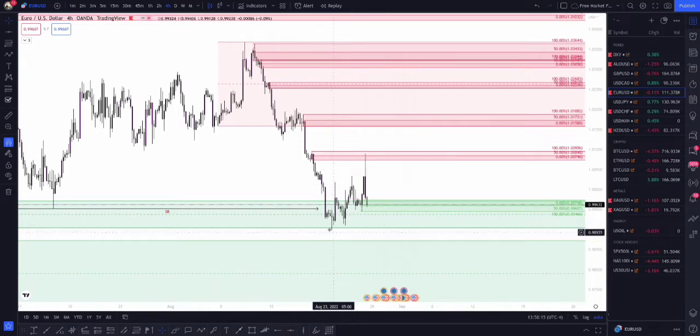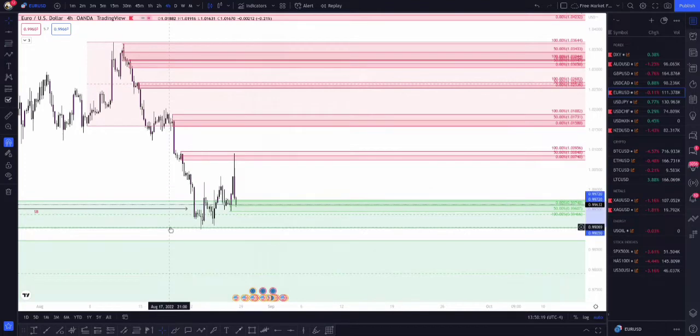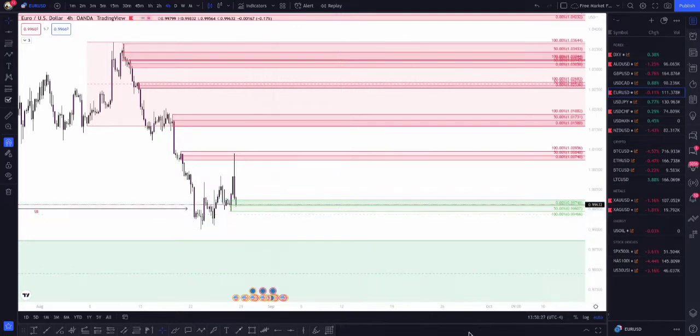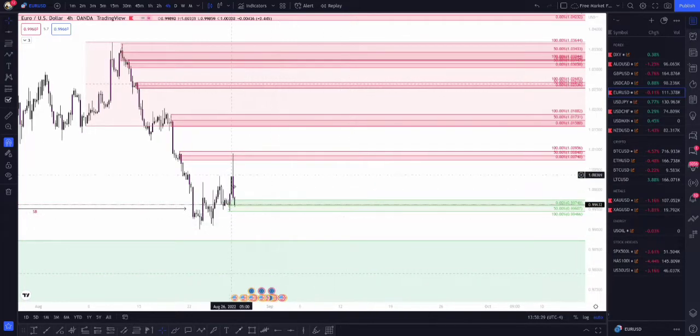It was actually violated, so let me get that off of there. So we are sitting inside of 4 hour demand, so I'm looking for a trade entry confirmation to take this to the upside.